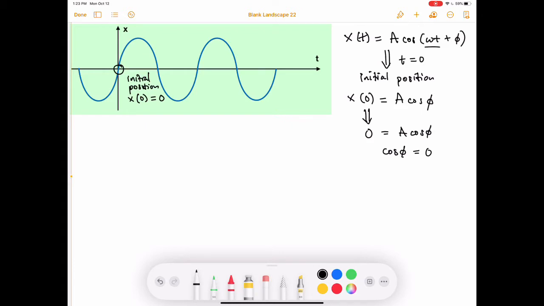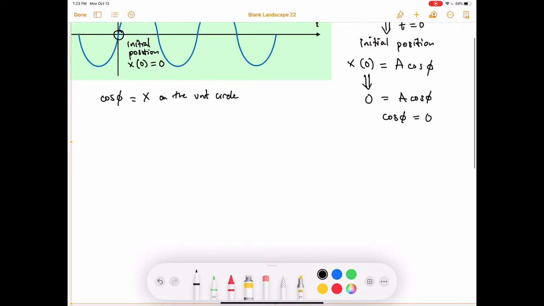Okay, so just like before, we remember that cosine of an angle is equal to the x coordinate on the unit circle. So let's draw the unit circle. Okay, so we want x to be equal to 0. Well, that happens actually at two different points on the unit circle. One of them is up here on the y-axis. That's where x is equal to 0, but also down here.